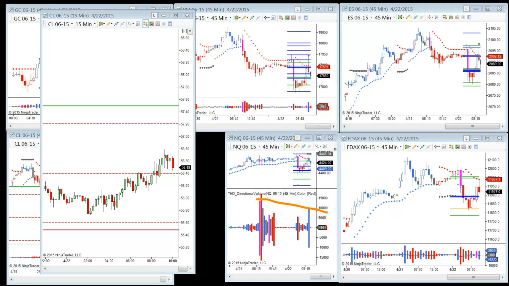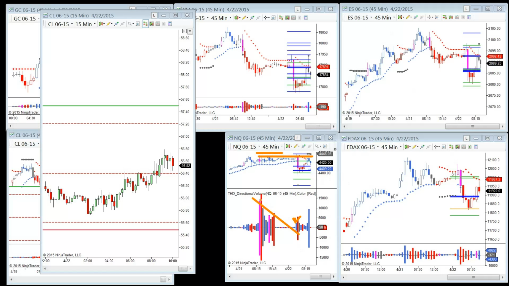So from here, actually, God darn it. From here to here, on this one right here, I can't draw for some reason today. Do you see how you had that divergence there? Because you were making new highs between this bar and this bar.